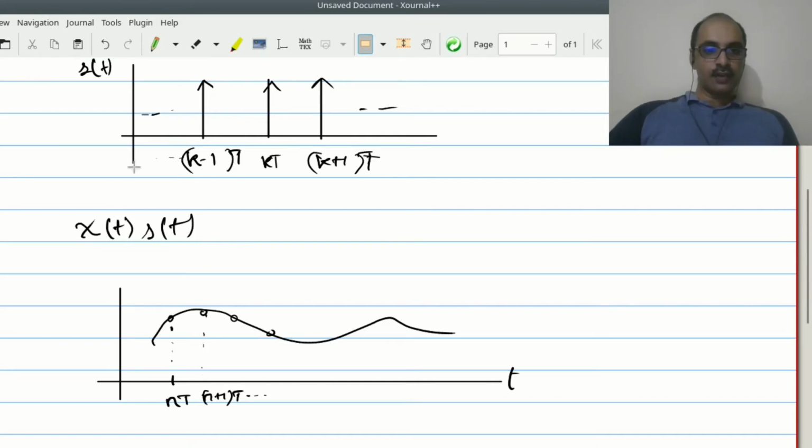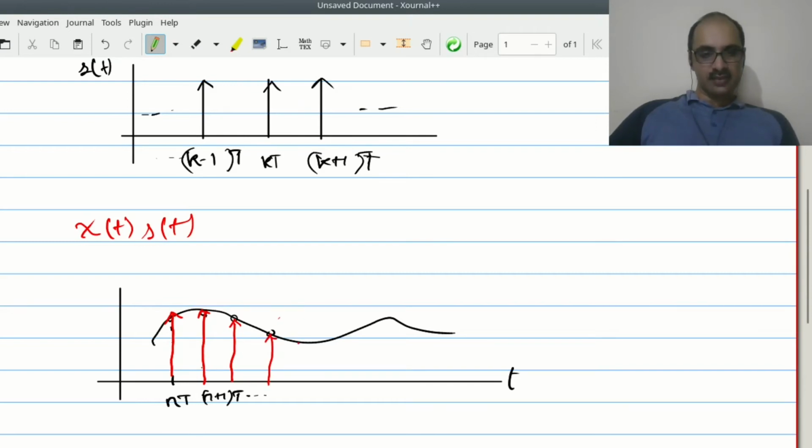If we represent it using a red color, it looks like an impulse over here, an impulse over here, an impulse over here, an impulse over here.